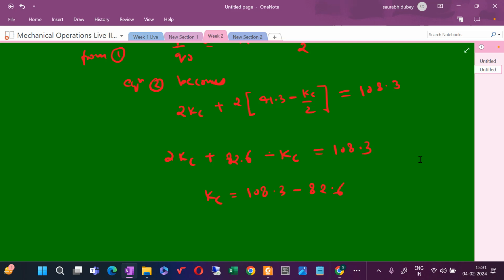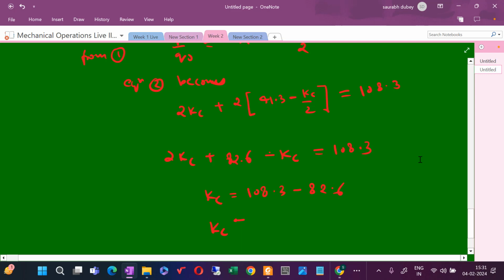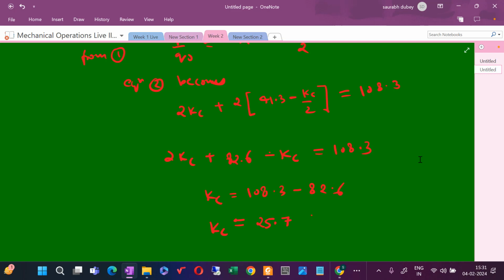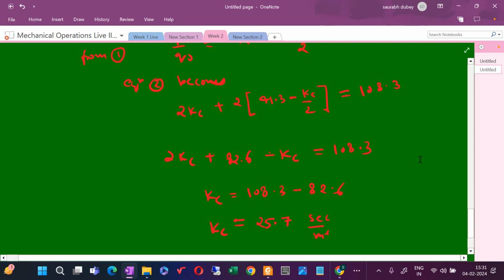So this comes out to be Kc equals to 25.7 seconds per meter 6. So this is the answer to the problem given.